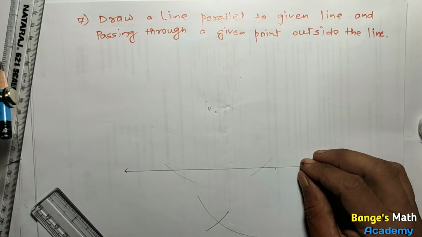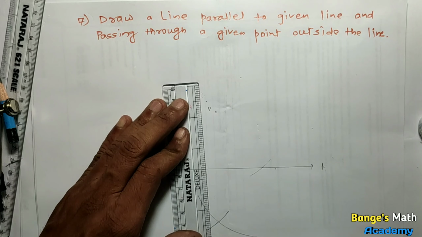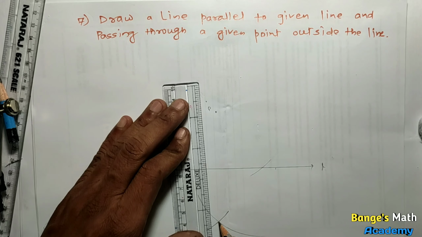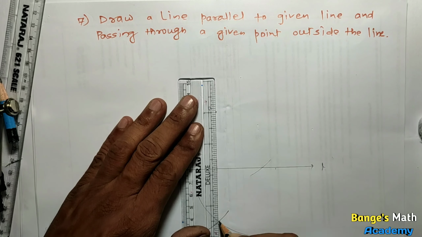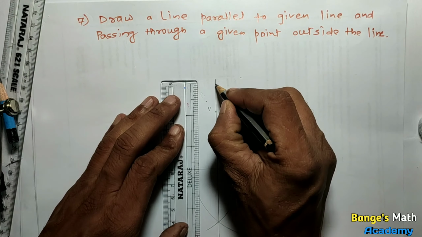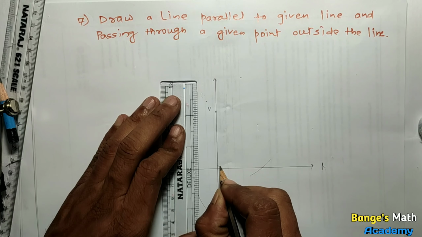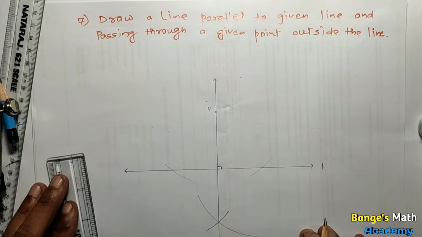Then join this with the help of ruler. This line is perpendicular to line L.